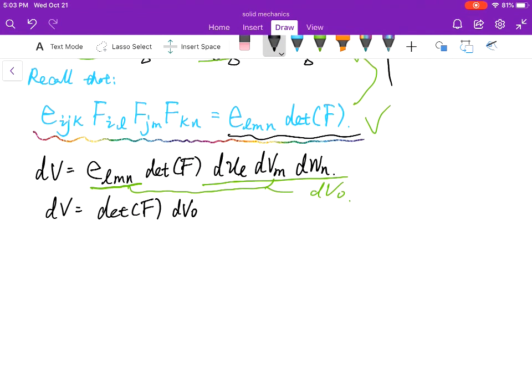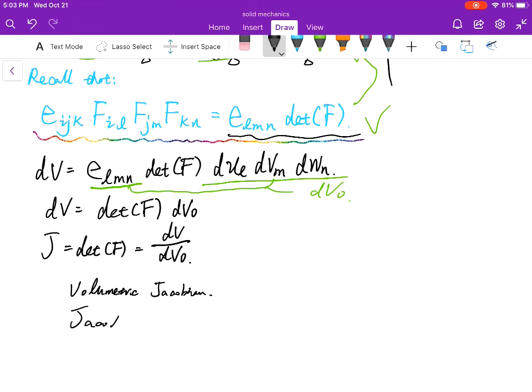Because of this, naturally we have the determinant of F equal to dv over dv naught. And this determinant of F is called the Jacobian of the deformation, also called the volumetric Jacobian, or simply the Jacobian of the deformation.